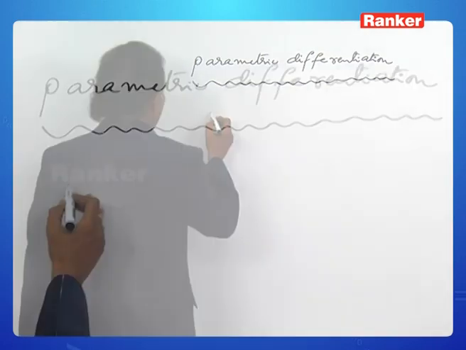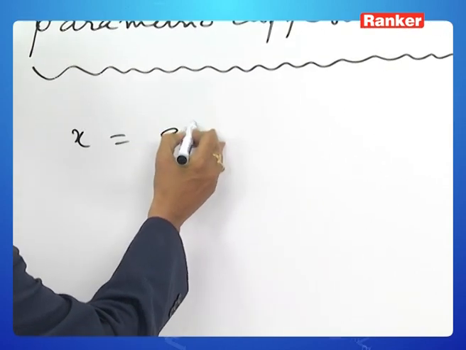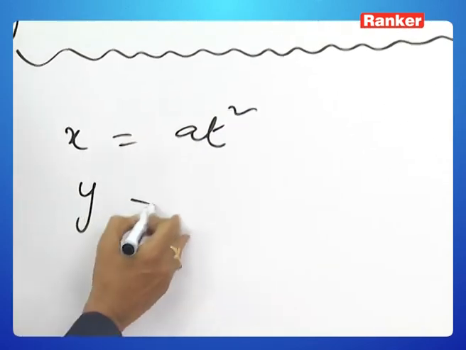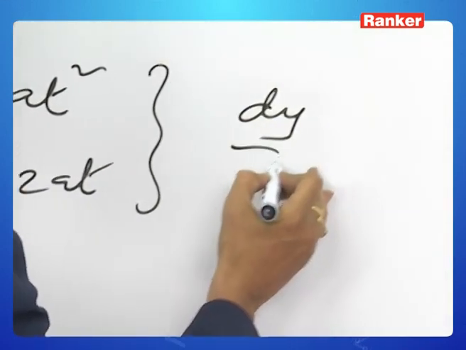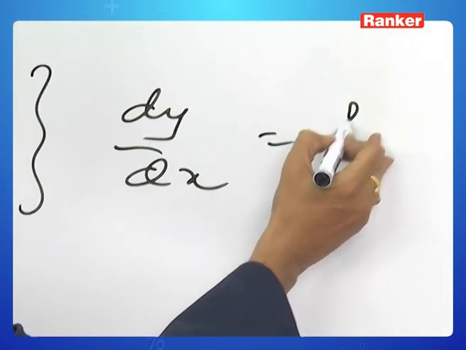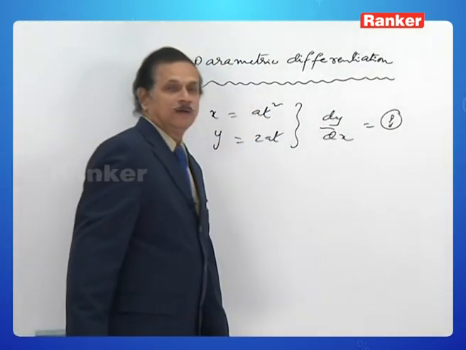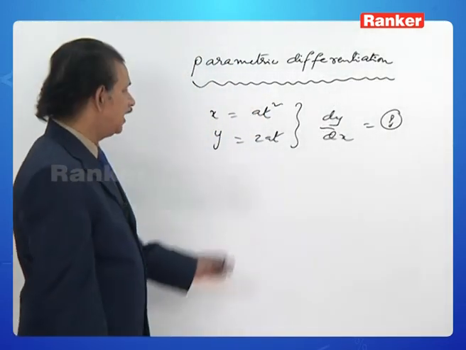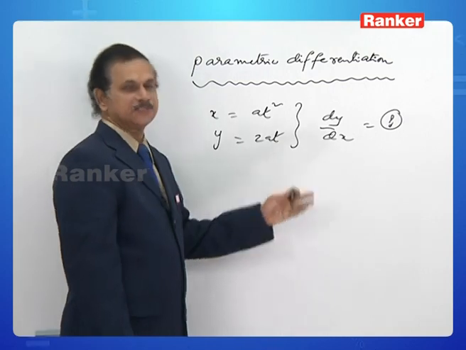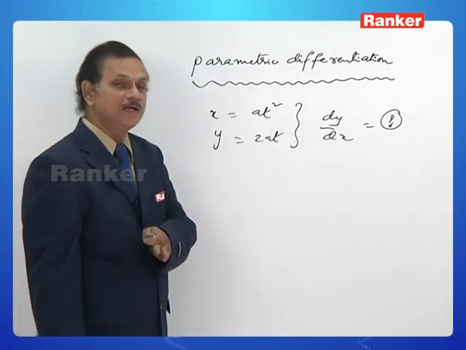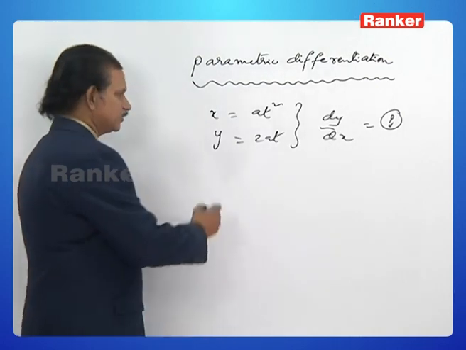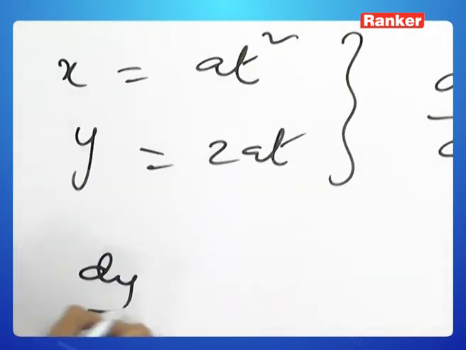Let us see. x is equal to at square and y is equal to 2at. Find dy by dx. x is a function of t, y is a function of t. What is dy by dx, derivative of y with respect to x? How can you say? First of all, dy by dt.